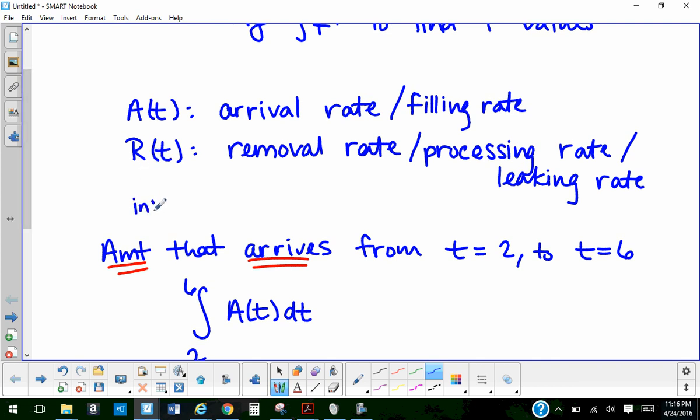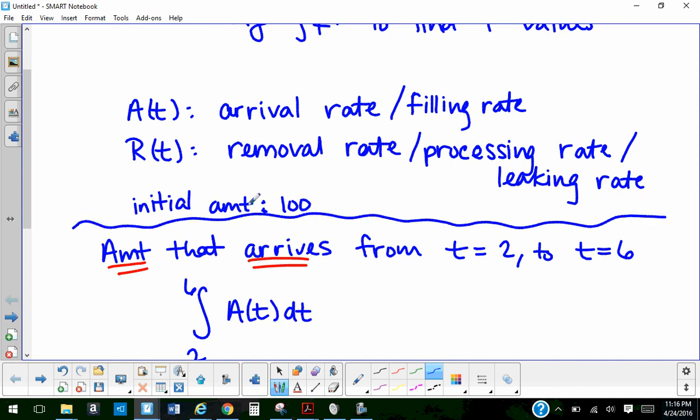Say that we have an initial amount of 100, whatever, 100 ounces, 100 gallons. It just depends on what we're talking about. But we have an initial amount of 100.